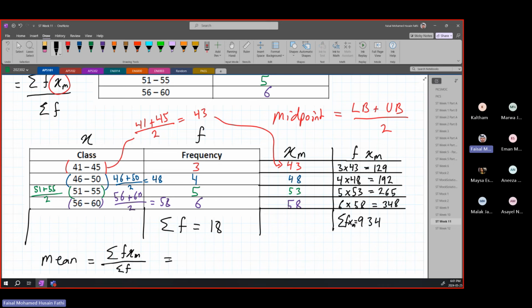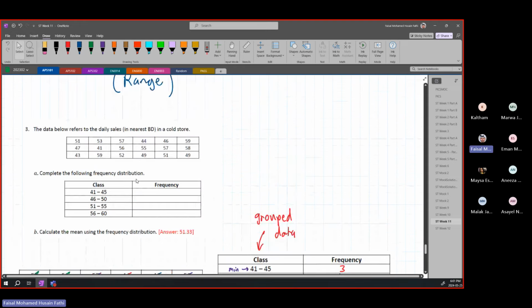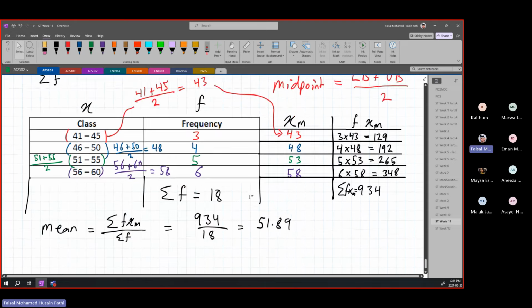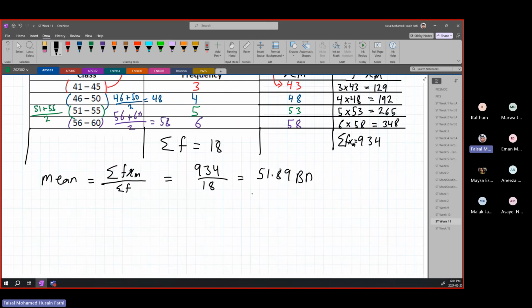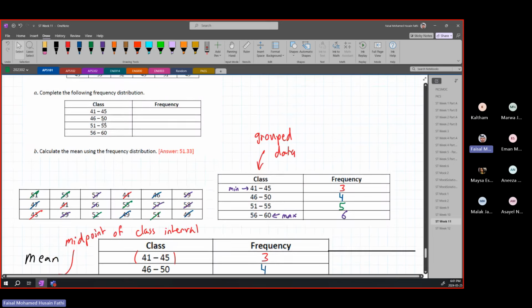So this is going to be equal to 934 over 18, which is going to be equal to 51.89, whatever the value of this class is. I don't remember the question. It's talking about sales, so this is in BD. And this is how you would find your mean for this question.